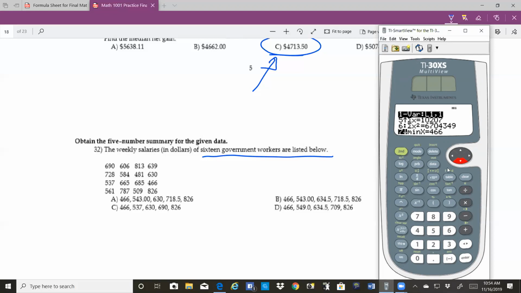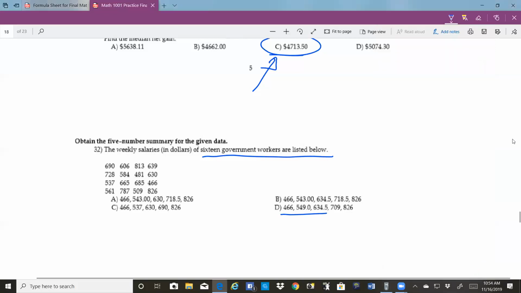I see 466, 549 for the Q1. The median is 634.5. The third quartile is 709. And the top maximum is 826. So it looks like we got it right. The answer is going to be D for the 5-number summary.